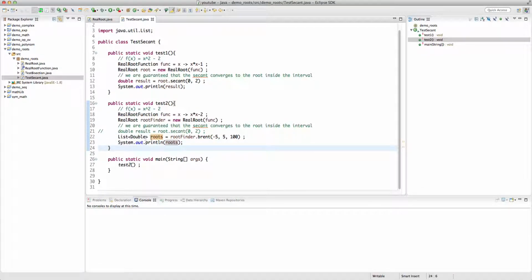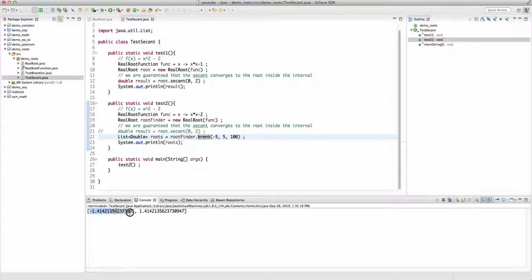So what we see here is that we don't actually care about whether or not the initial interval is a valid bracket. That's the whole point, because we divide it into subintervals, and then we search which subinterval is in fact a valid bracket. So we get minus square root of 2 and plus square root of 2.